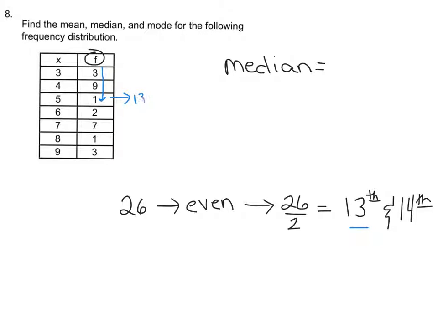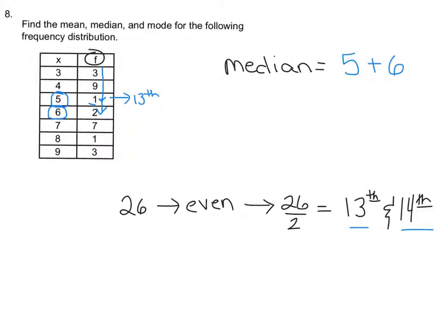So the 13th position corresponds with the value of 5. Now I need to find the value in the 14th position. Since there's only one 5, I'm going to go down to the next position, and the 14th position corresponds with the value of 6.